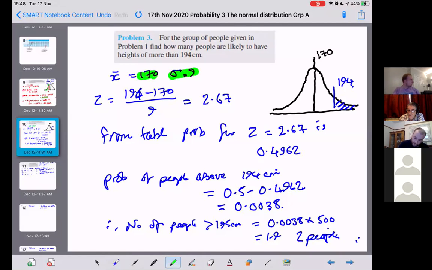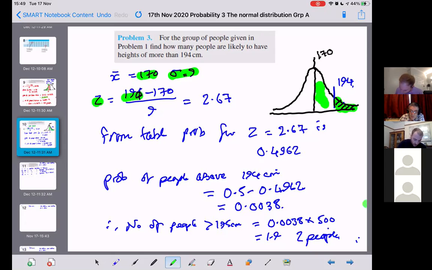We're looking for this blue area over to the right of 194. So if we find the area here between 170 and 194 and take it away from the whole half area there, we'll get the probability of being taller than 194.